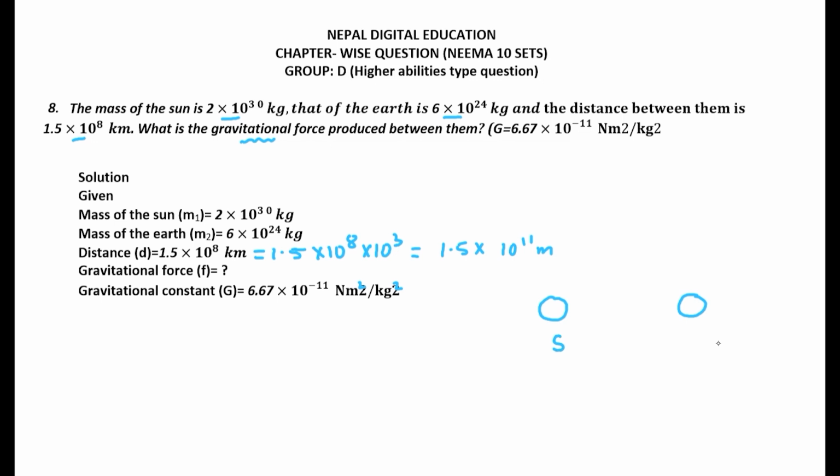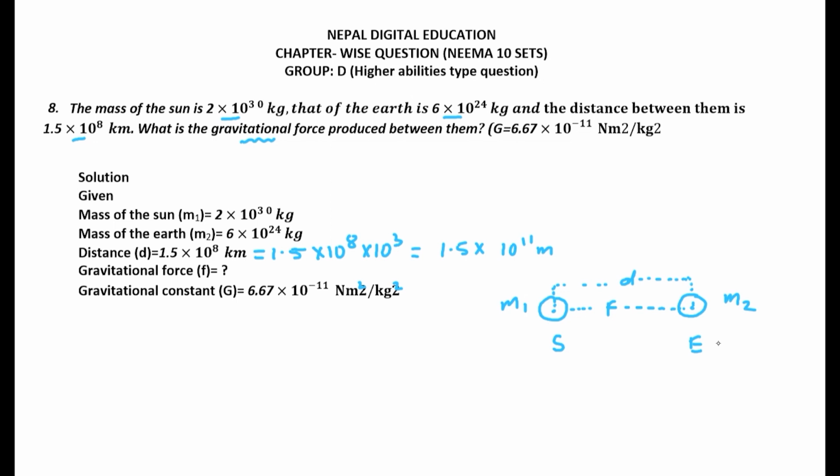Suppose this is the sun, and the next body is the earth. Our force is F. Suppose your mass is m1, your mass is m2, the force is F, and the distance is d.